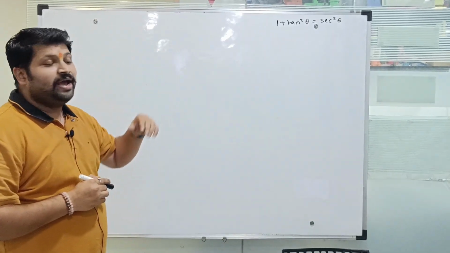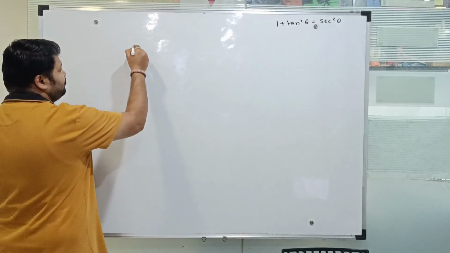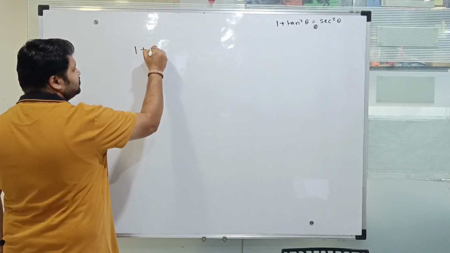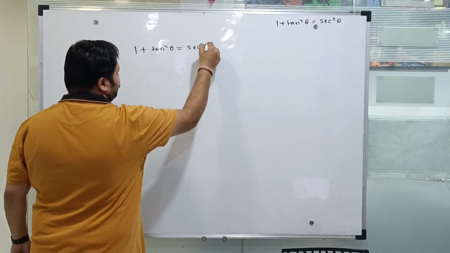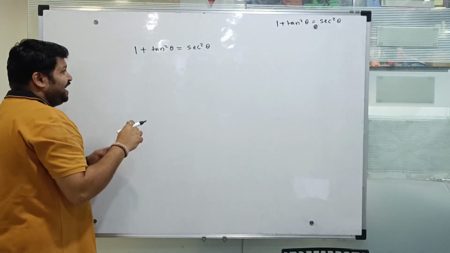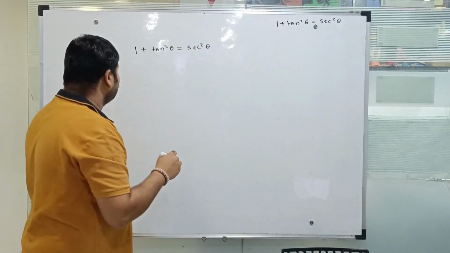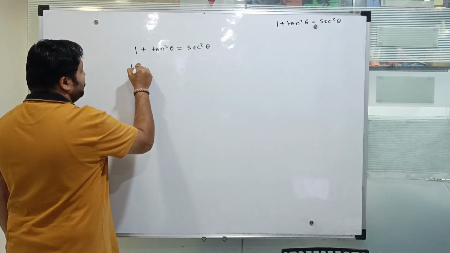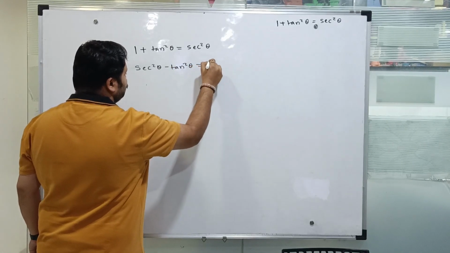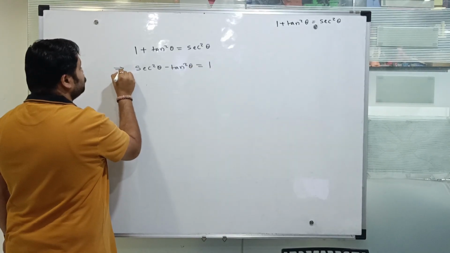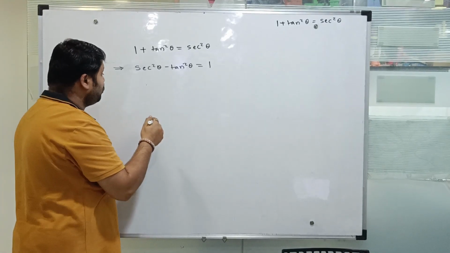Let us go ahead and see various forms of the second identity, that is 1 plus tan square theta is equal to sec square theta. Now I can take this tan on the other side and I can say sec square theta minus tan square theta is equal to 1. So this is one form, it is used quite often.